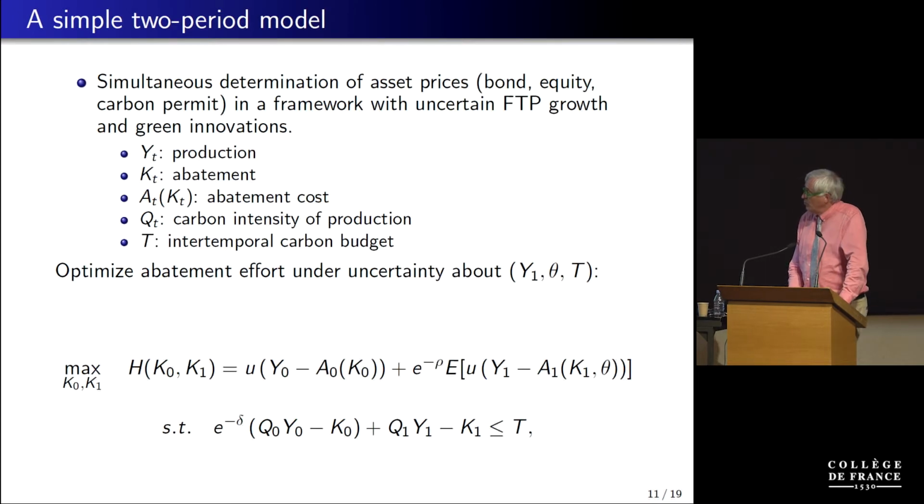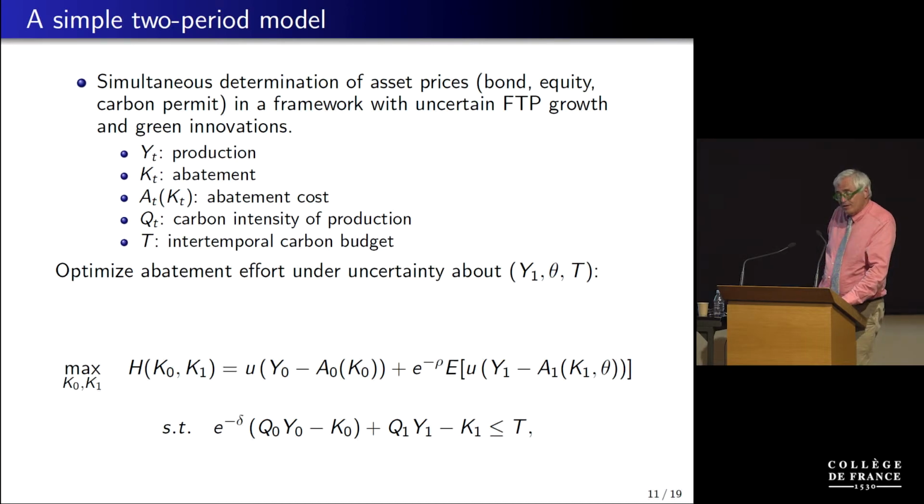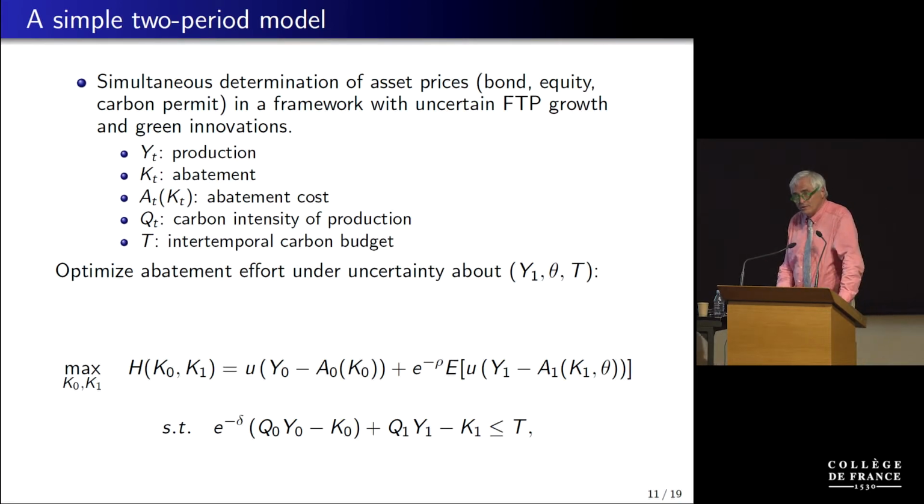Okay, so my model is very simple. As I just said, there are just two periods. In period one, in the business as usual, you produce Y0. And from this wealth, you can use some of it to abate emission in your economy.